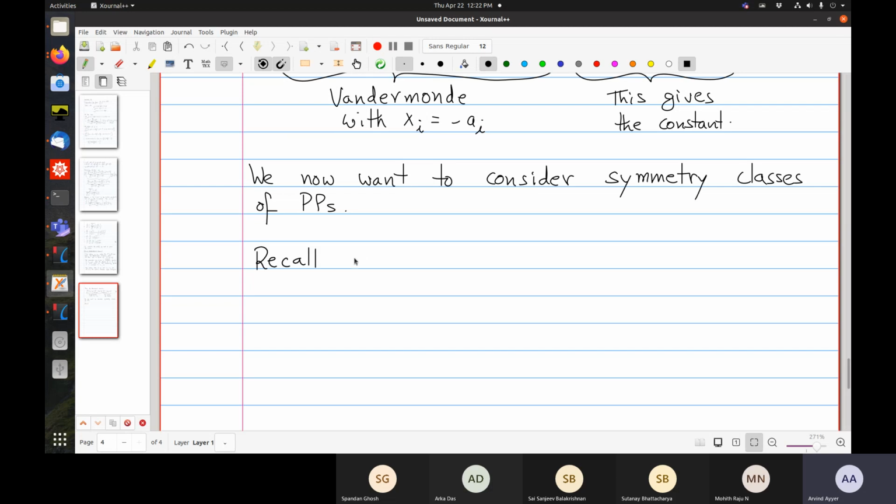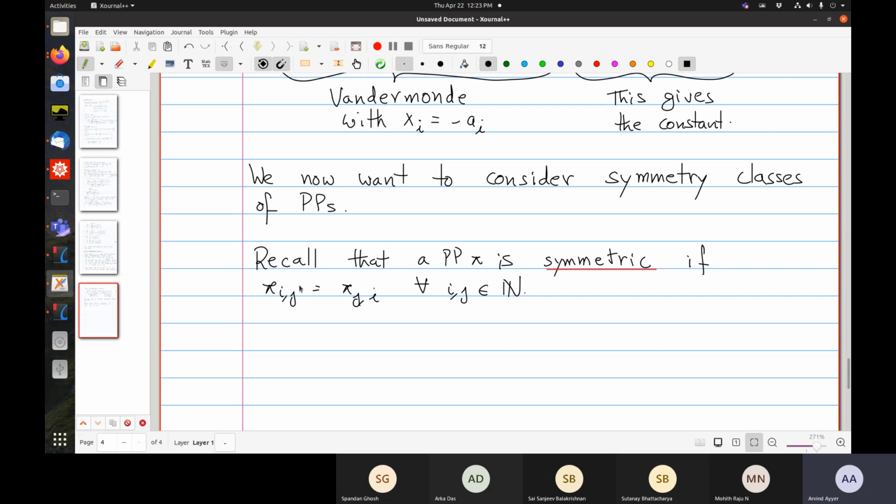So recall that a plane partition pi is symmetric if pi ij equals pi ji for all i, j.